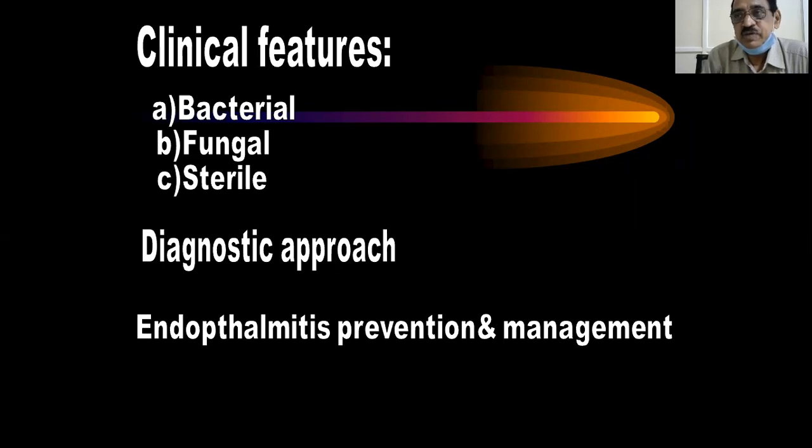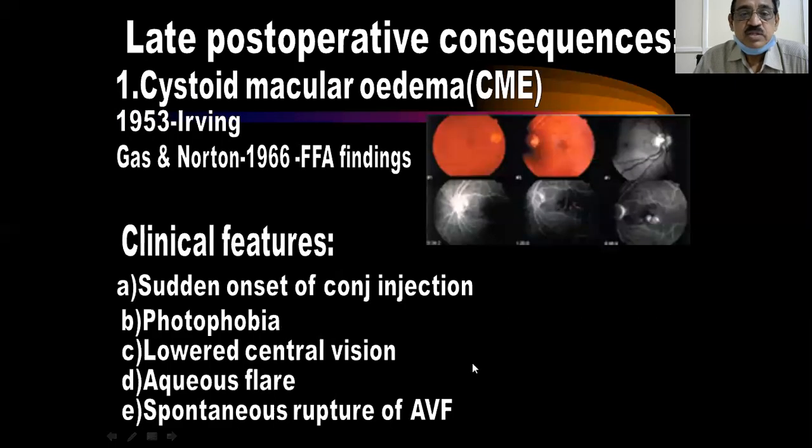If it is improving, then we can re-inject the same drugs intravitreally. If it is not improving, better send the case to the vitreoretinal surgeon for a core vitrectomy or total vitrectomy; pars plana total vitrectomy will be done. So that's how we do this.